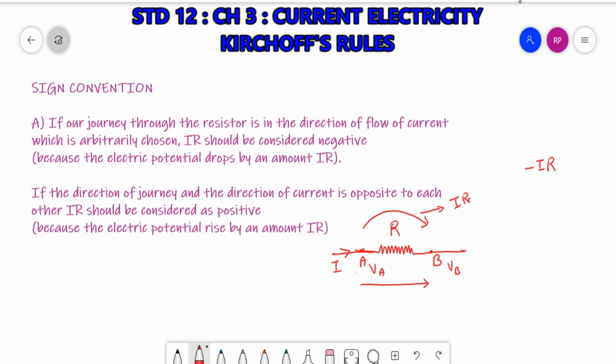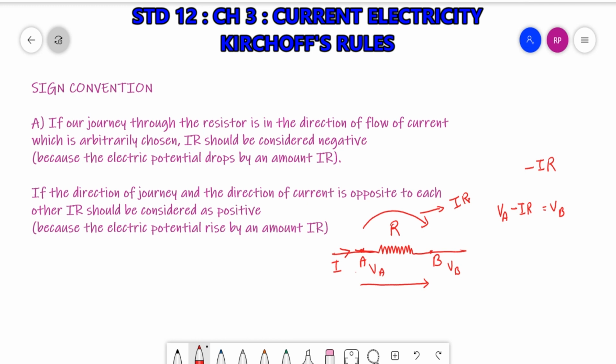As there is a decrease in the potential, we write VA minus IR equal to VB. So when we move in the direction of the flow of current, IR should be considered negative.